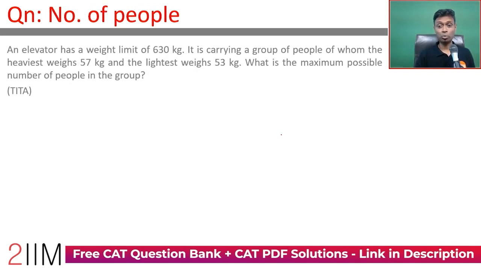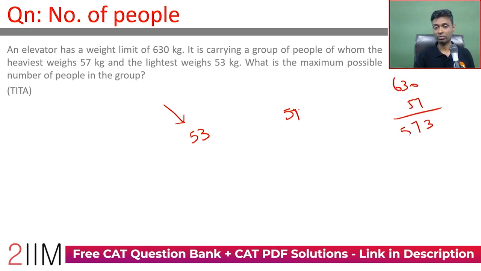An elevator has a weight limit of 630 kilograms. It's carrying a group of people of whom the heaviest weighs 57 kilograms and the lightest weighs 53. What is the maximum number of people in the group? For maximum number of people, we should have maximum number of people weighing the lightest. So out of 630, subtract 57. That gives 573.